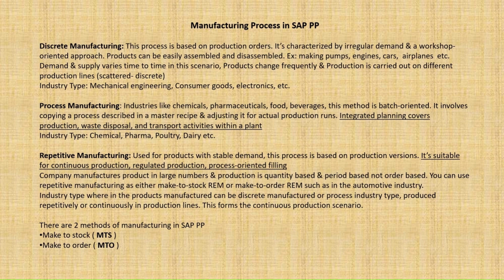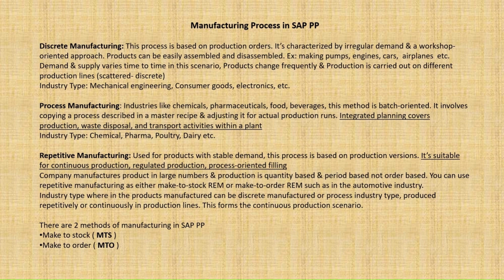Repetitive manufacturing: if you have a very stable product, say a mobile, and a particular model is very stable and you are producing that same model number for say 1 year or so, for a certain time duration you are producing the same material because you don't need to change anything in it.